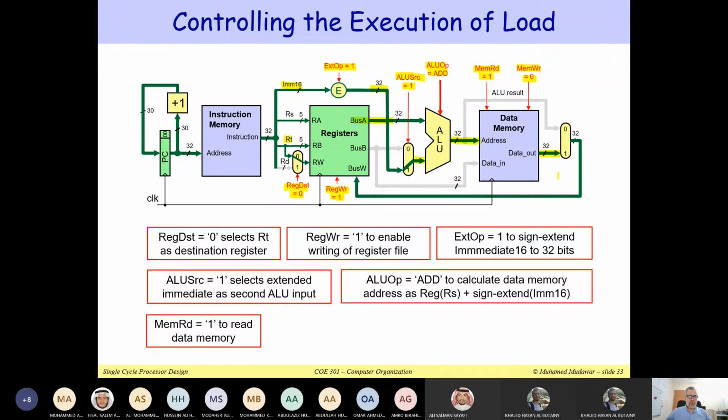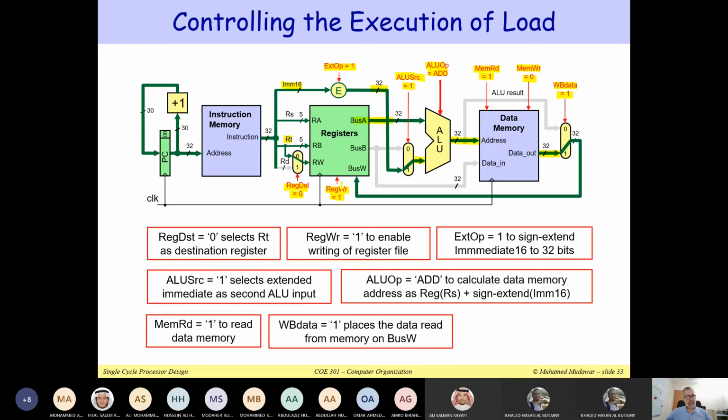Then we need to select this data out. So therefore, we need to select it using write back data. So write back data will be equal to 1, indicating that we are going to select this data. This will be available on bus W. And then at the end of the clock cycle, we use the clock to trigger when to write the data inside the register file.